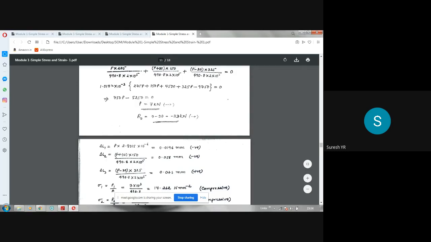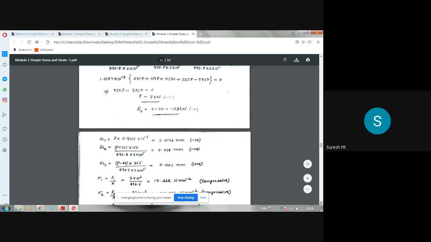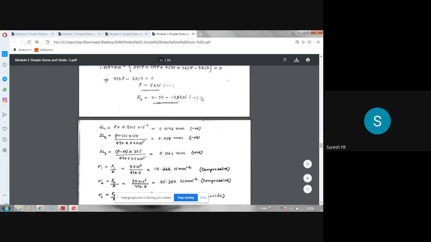7 minus 30 means it is minus 23. Minus 23 into 10 power 3. So if you substitute that, you will get this value. So that means the last one is acting like this, that means it becomes tensile.